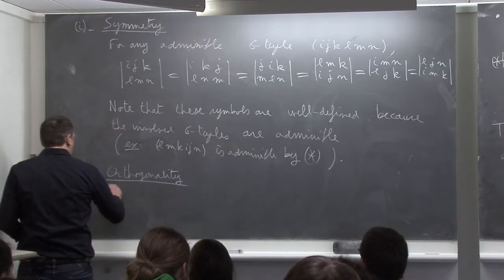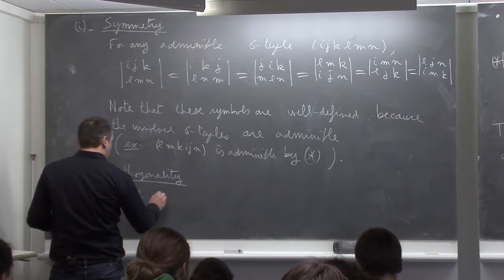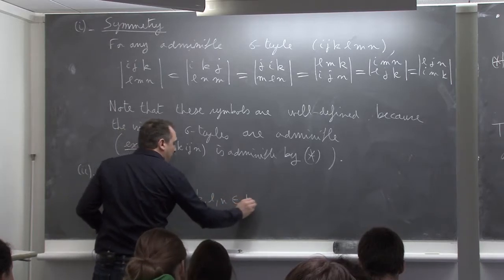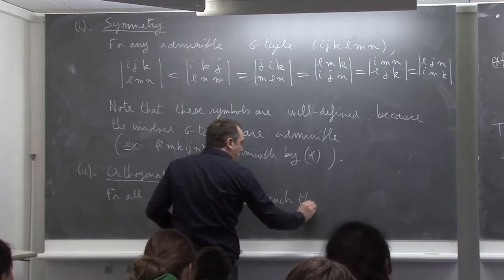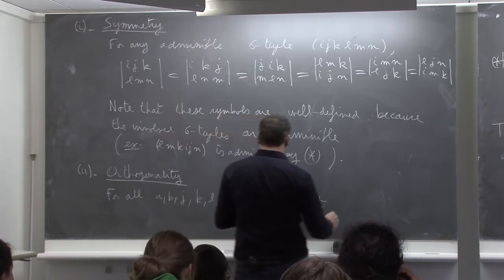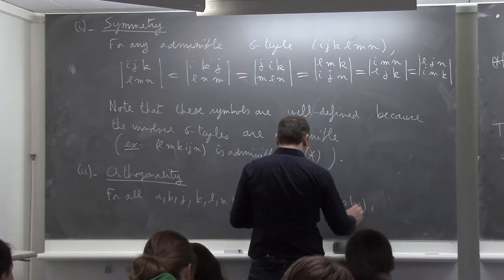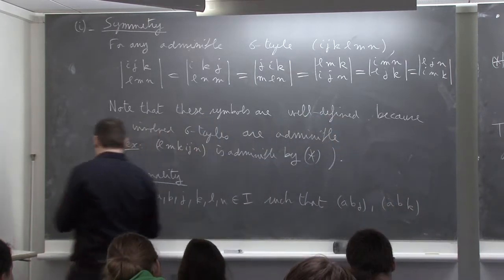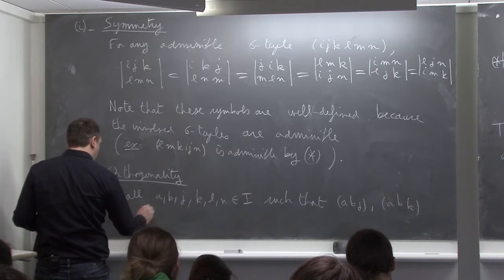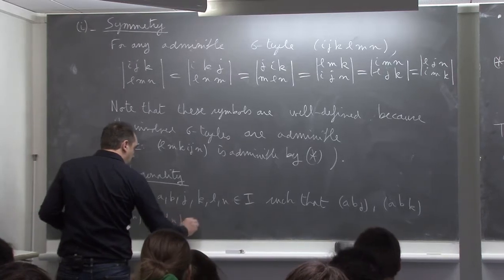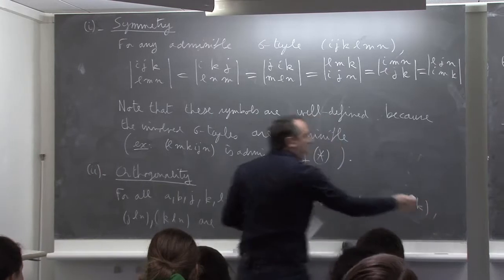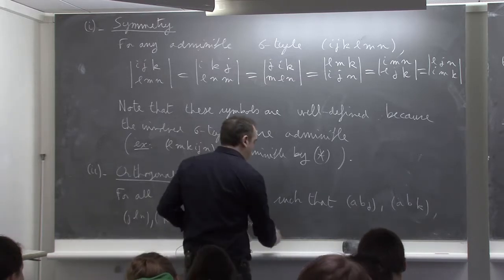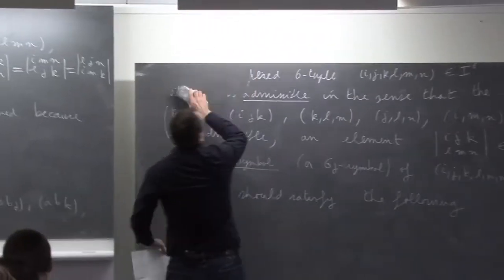So for all A, B, K, and N in the set I such that the triples A, B, G, A, B, K, G, L, N, and K, L, N are admissible, we want the following condition.